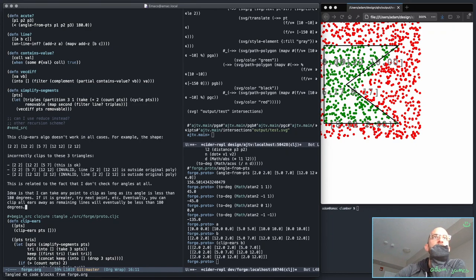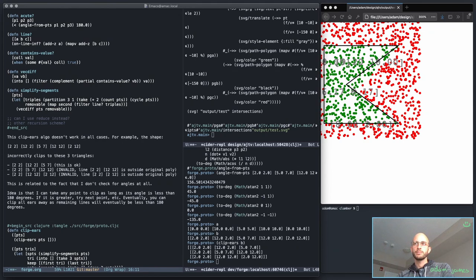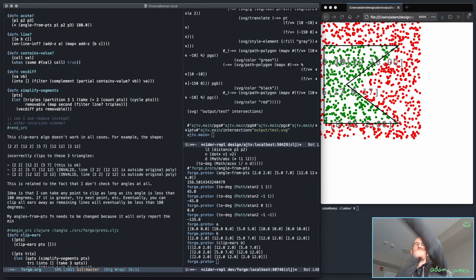Well, of course, and I forgot to mention this too, is my angles from points function needs to be changed because it will only report the min or smaller angle between lines.